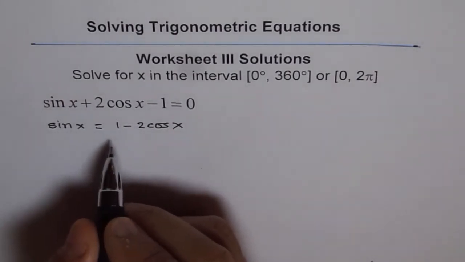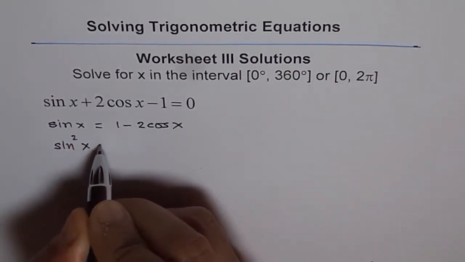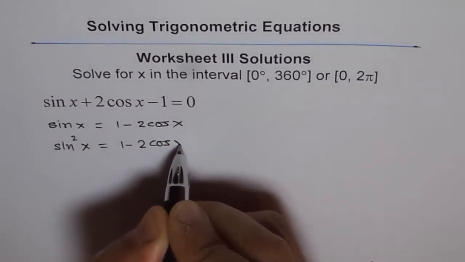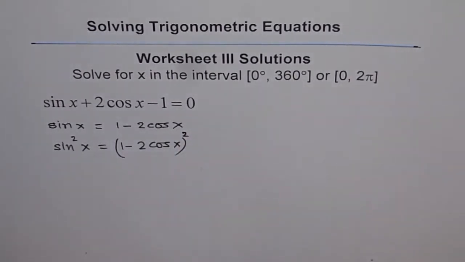So when you square both sides, you get sin square x equals 1 minus 2 cos x whole square. Now remember one thing at this stage: when you have squared both sides, you have incorporated error in your solution, right? Why is it?